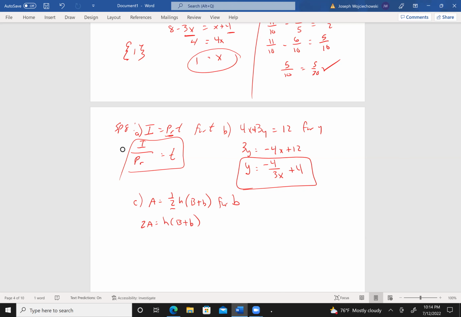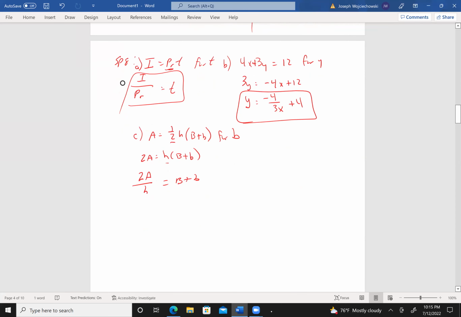Okay, now I can get rid of this h by dividing by h. I have 2a divided by h equals big B plus little b. Then to solve for little b, I just subtract big B. So I have 2a over h minus capital B equals lowercase b. And that is how those are done.